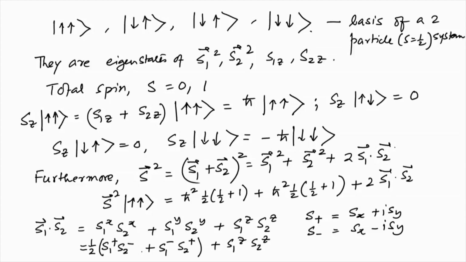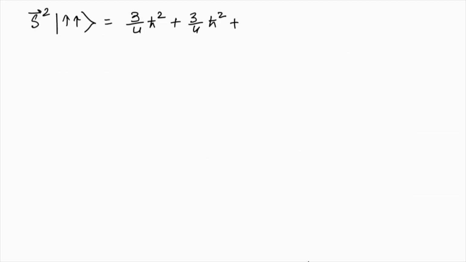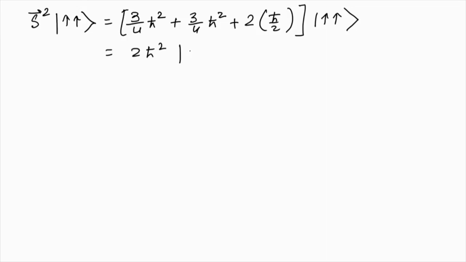That simplifies the problem, and we are left with S1z S2z, for which we know the operation. That is 2 into ħ/2 times ħ/2, acted upon this state. It is an eigenvalue equation, and if you simplify it, it becomes equal to 2 ħ square times up up and so on.